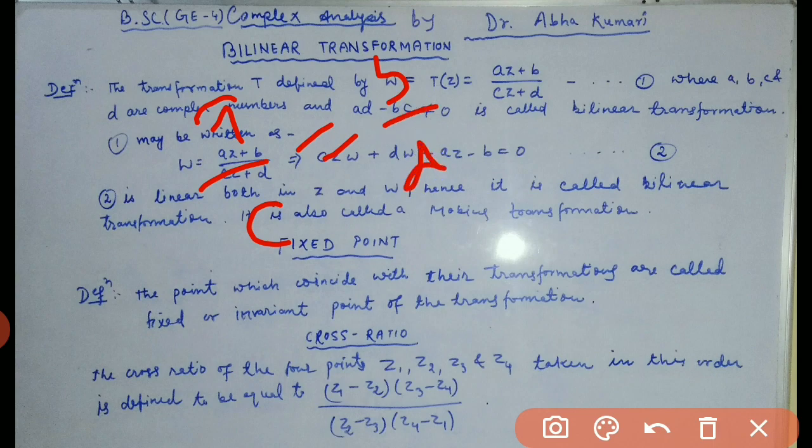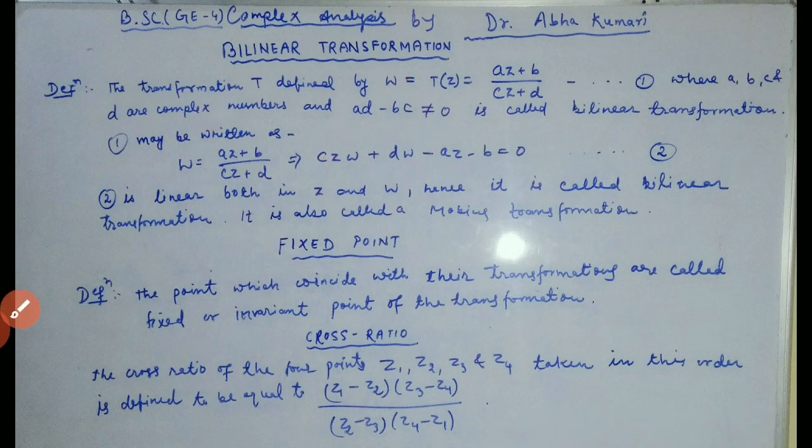And just because of this value, in equation number 1, we get that the numerator and denominator of W are proportional. Okay, and as a consequence, the W is constant and independent of Z, and thus the entire Z plane is mapped into the same point in the W plane, and therefore the transformation, that is 2, is linear in both Z and W, and hence it is called a bilinear transformation, and it is also called a Mobius transformation.